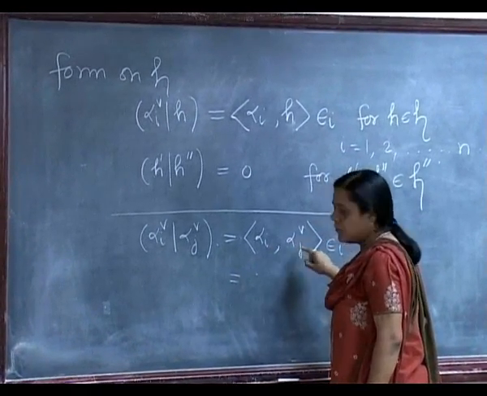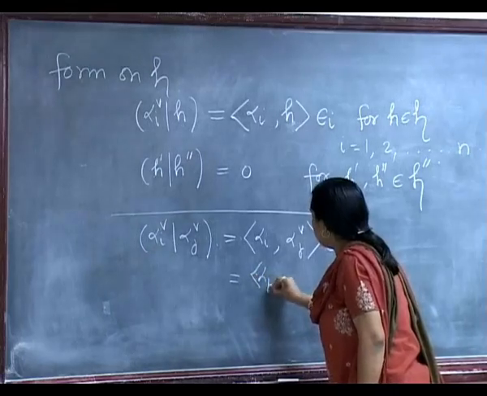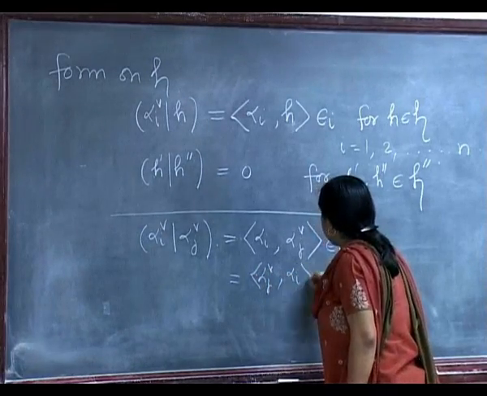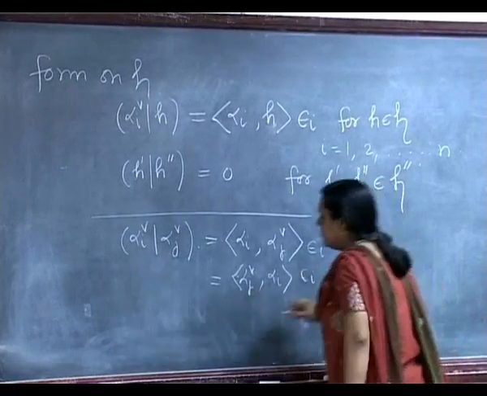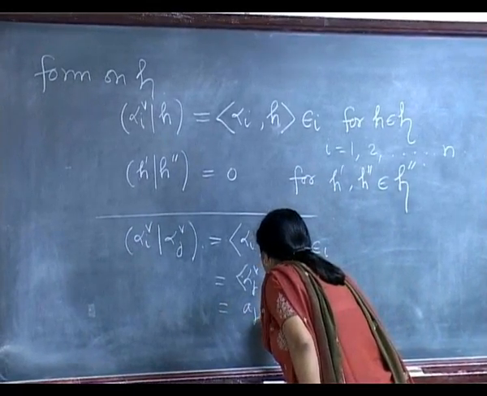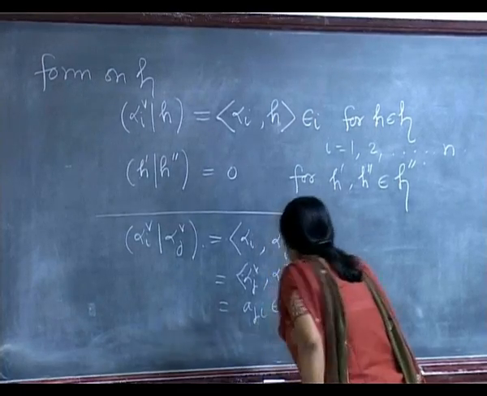Because this is a symmetric form, we can also write it as alpha_j check on alpha_i, and this is nothing but a_ji.